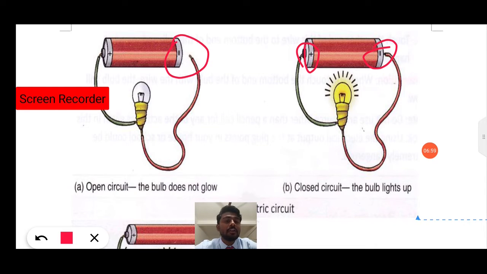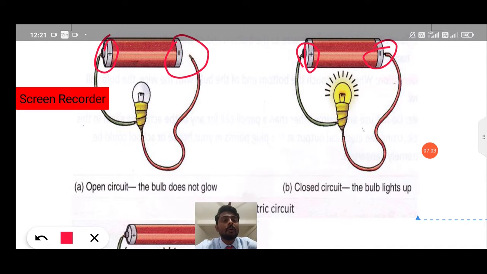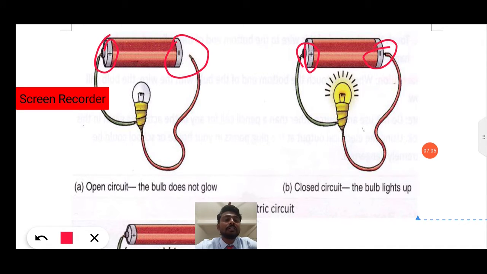But in the open circuit, the bulb does not glow. You know the reason. In the closed circuit, both are closed. Yes or no? In the open circuit, the bulb does not glow.